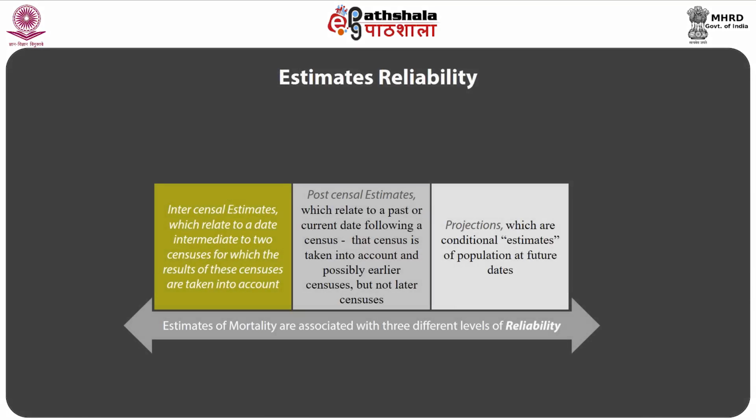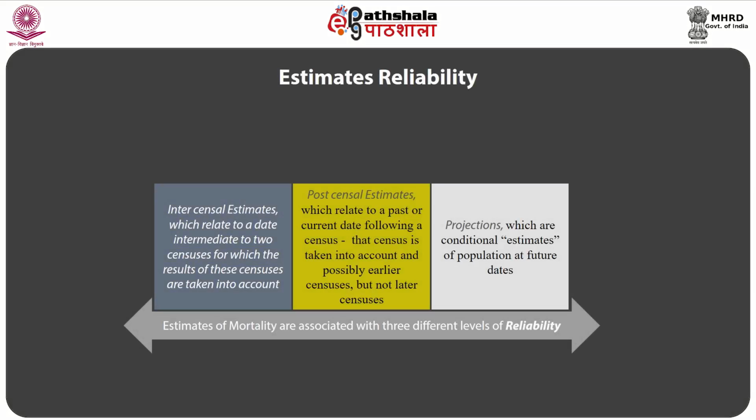Estimates of mortality are associated with 3 different levels of reliability, namely 1. Inter-censal estimates, which relate to a date intermediate to 2 censuses and take the results of these censuses into account. Number 2.